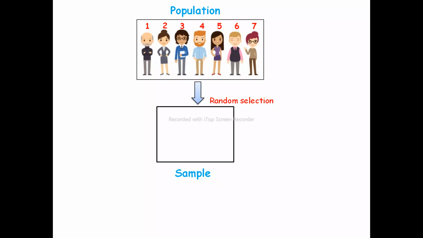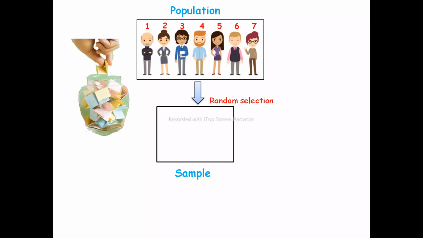Essentially, it's like picking names out of a bowl: you are in my study or not in my study. It is like picking seeds from a bowl, and it ensures that everybody in my population has an equal chance to be in my sample. Typically, it's not names in a bowl.